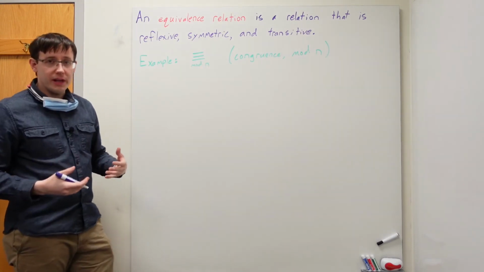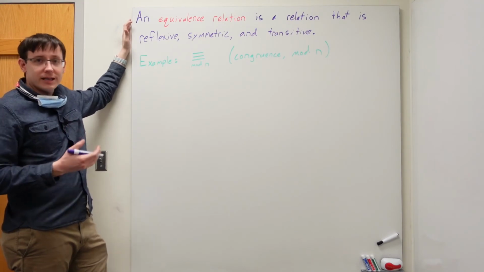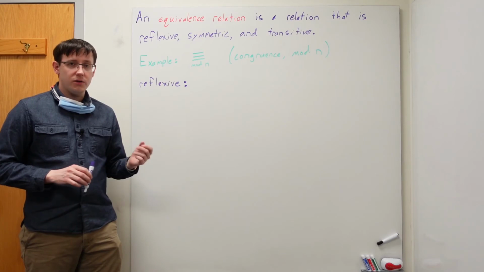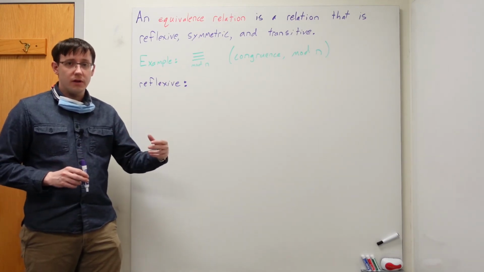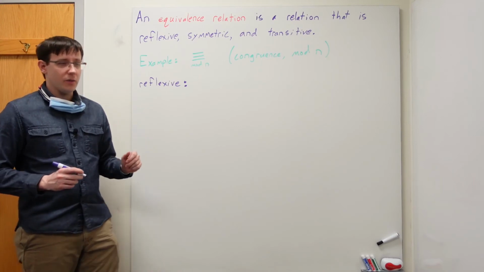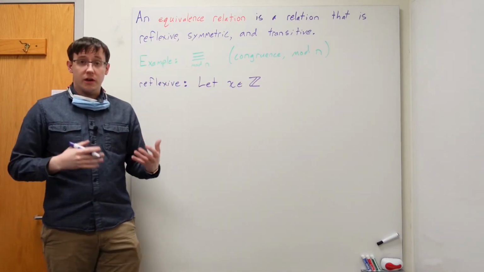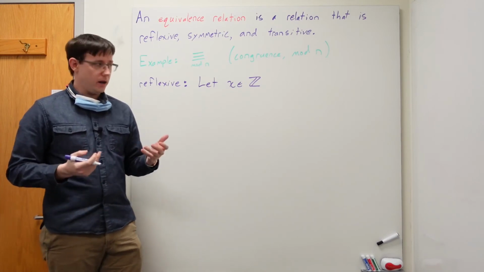To show that a relation is an equivalence, we need to first argue that it is reflexive. To show reflexivity, we want to argue that every integer relates to itself. So we can hypothesize that we have some integer x, and we want to conclude that x is congruent to itself mod n.